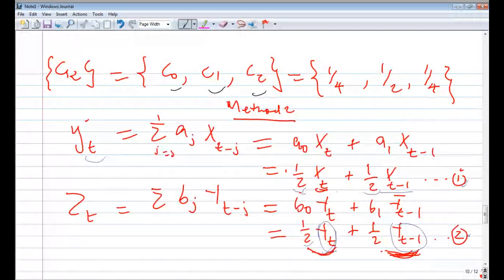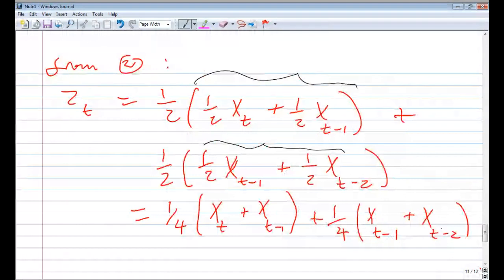So where there is yt, you put the whole of this. Where there is yt minus 1, you put the whole of this. Rather, where there is xt, you put xt minus 1. Where there is xt minus 1, you put xt minus 2. So that is what we get here. This one and this one.